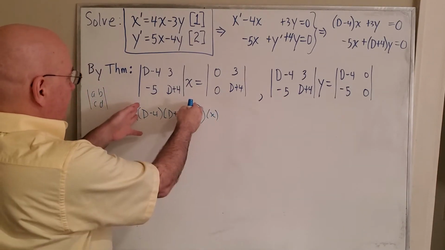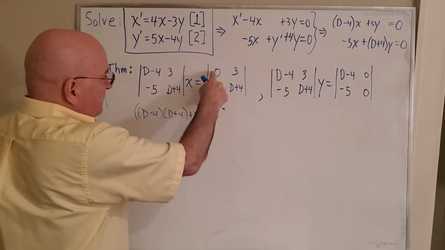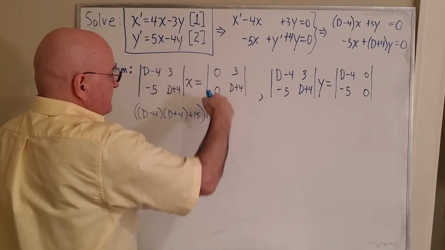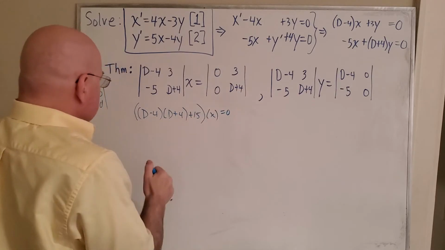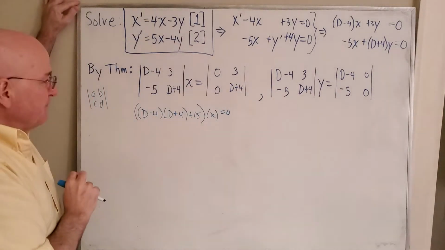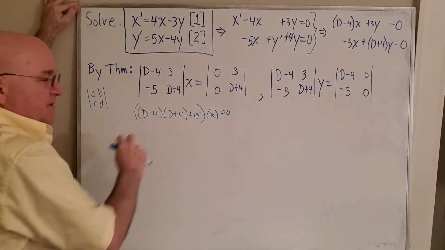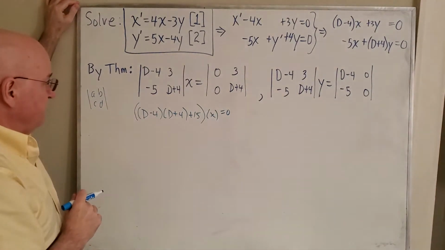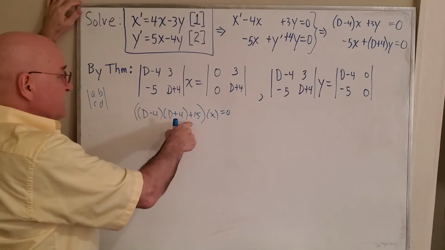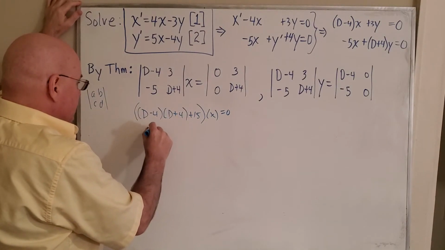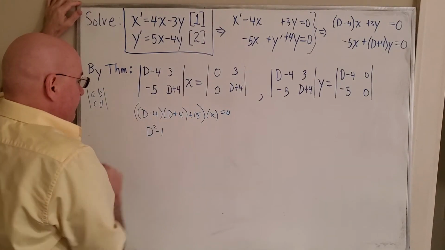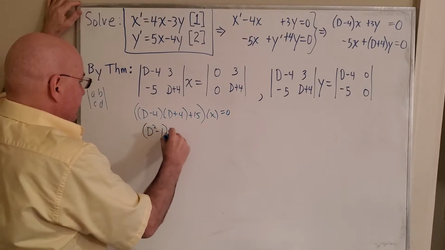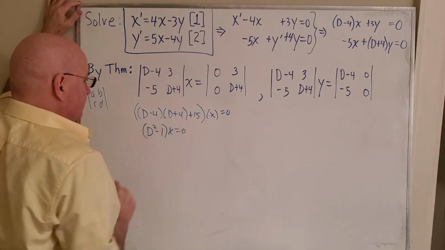This is the determinant right here. And then this determinant is going to be 0 minus 0. D minus 4, D plus 4 gives us D squared minus 16. Plus 15 makes it D squared minus 1, applied to x equals 0.